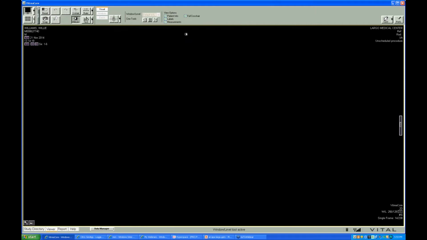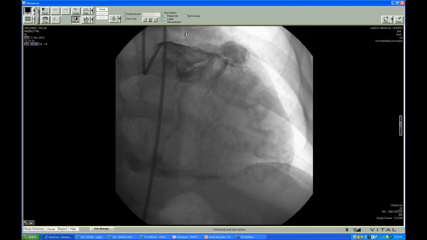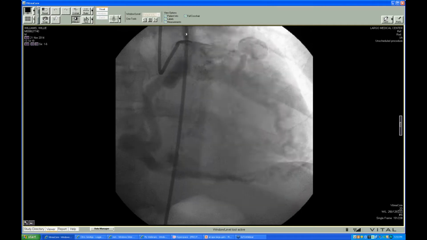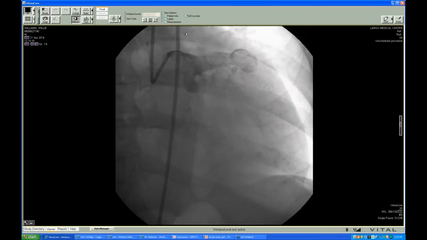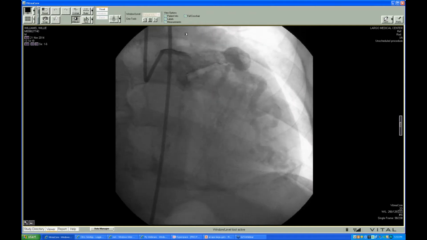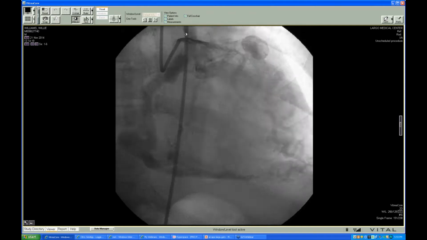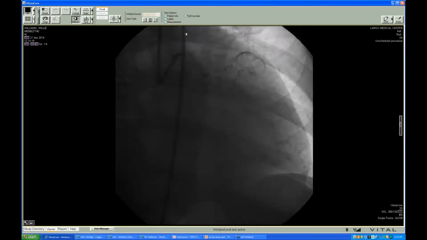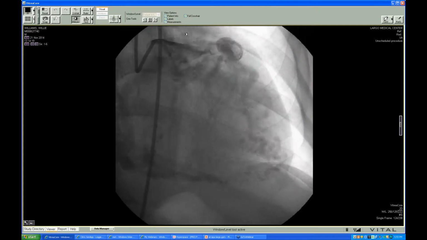So surgical-wise, it would be fairly minimally invasive, and it would just be a matter of ligating the right coronary artery? Yeah, the ligation would be in the proximal right coronary artery that comes from the pulmonary trunk.